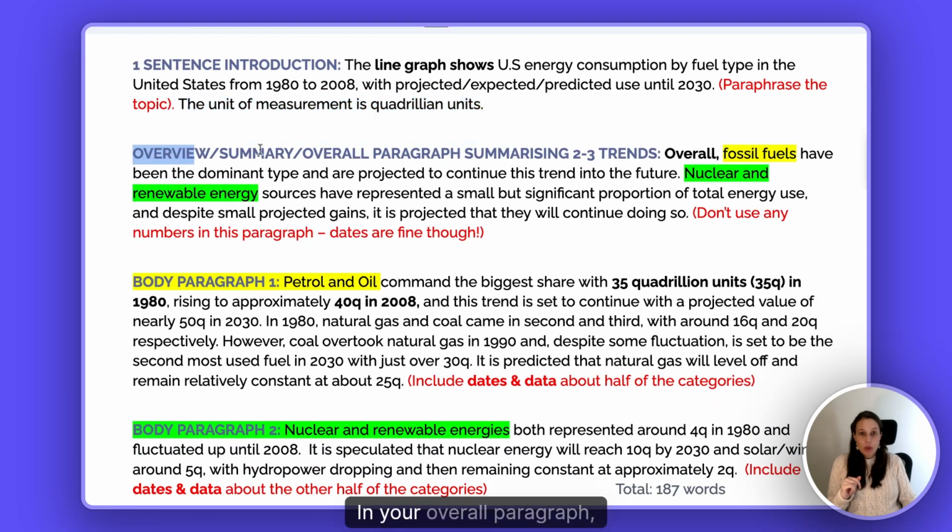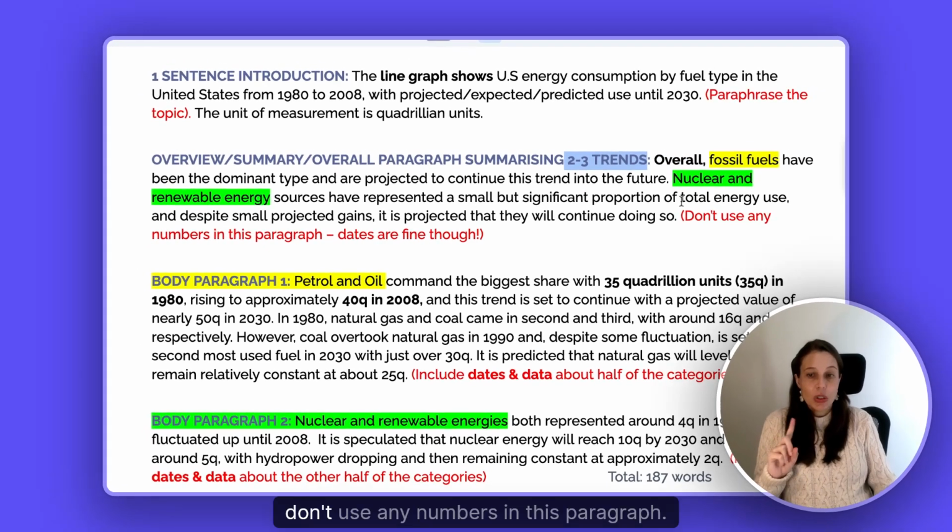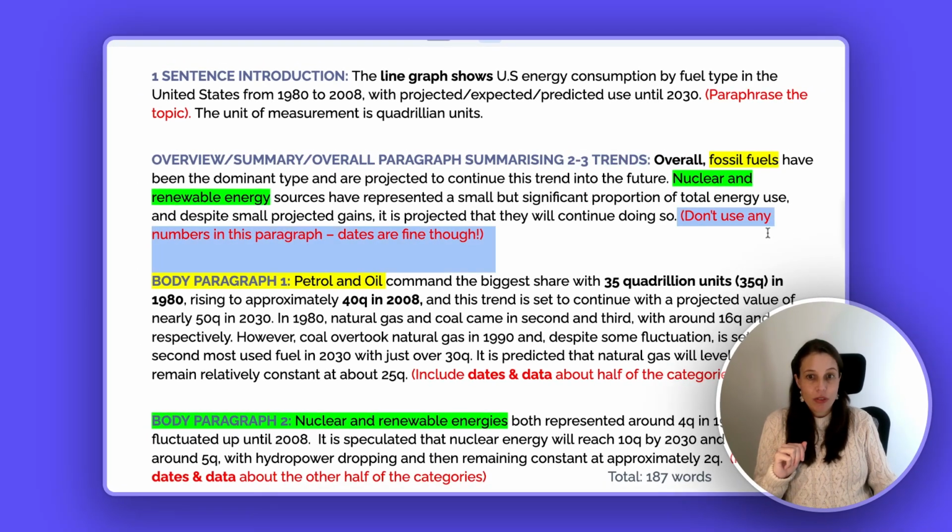Okay, in your overall paragraph, which begins with the word overall, you need to give me 2 or 3 interesting trends. But please, don't use any numbers in this paragraph. Dates are fine though.